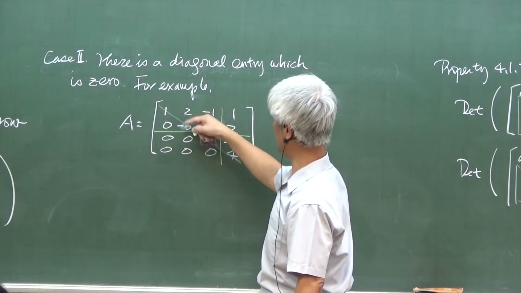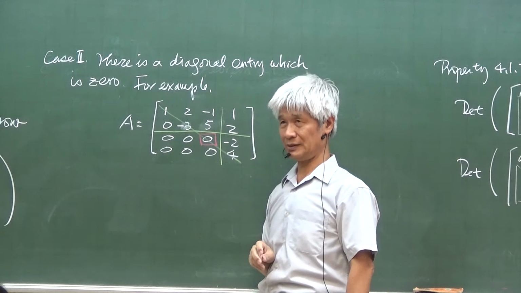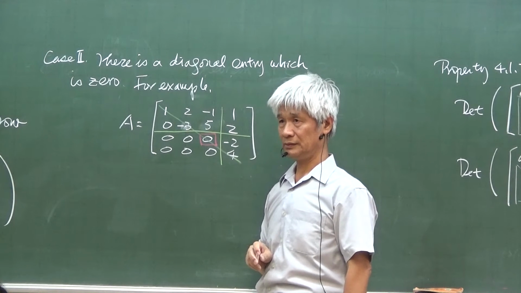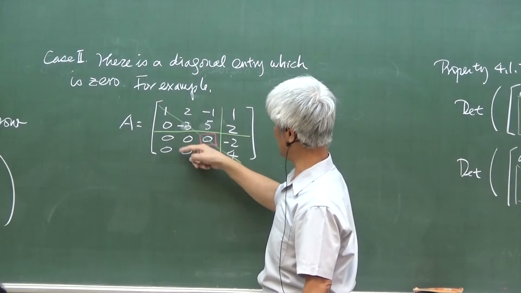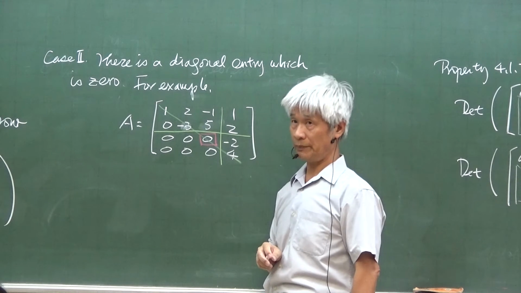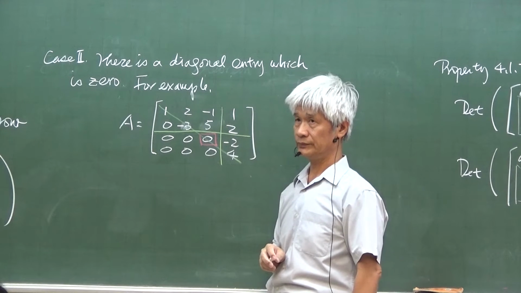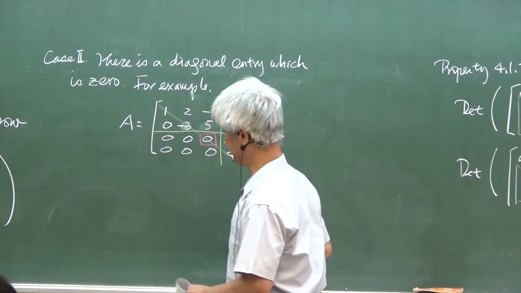Then these 3 columns, 1, 2, 3, must be linearly dependent. And the rest of them are all 0. So these 3 columns must be linearly dependent.